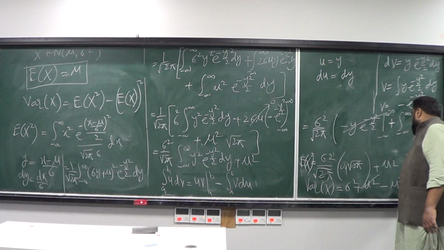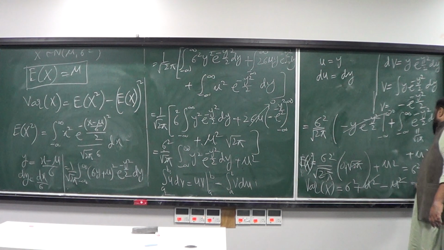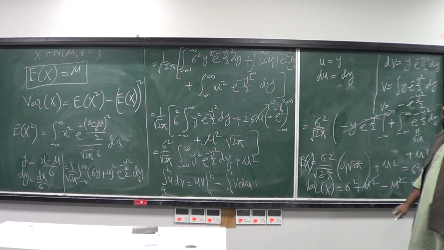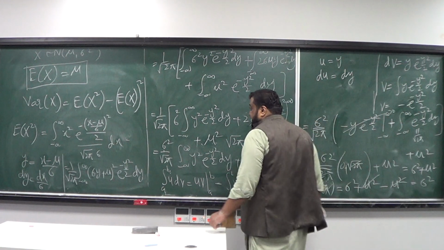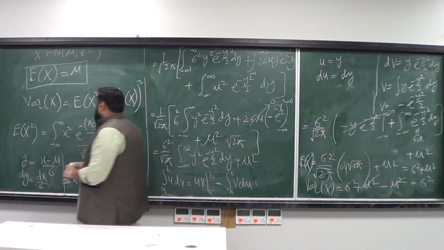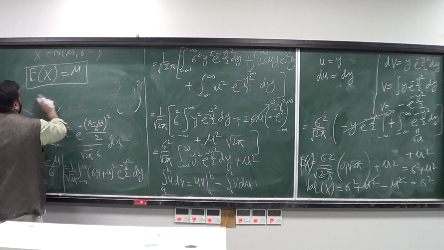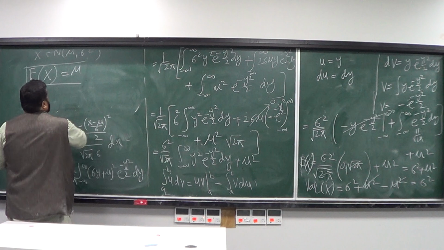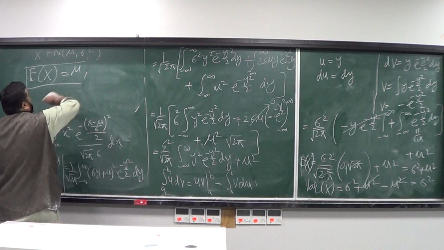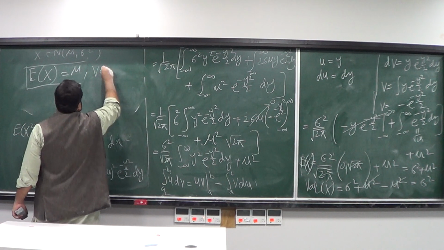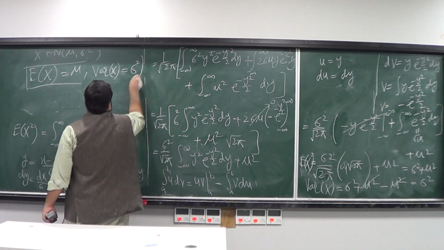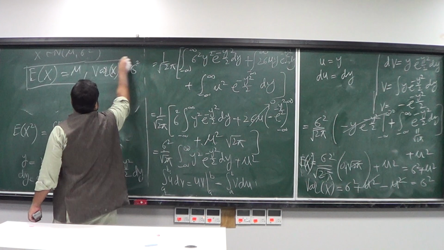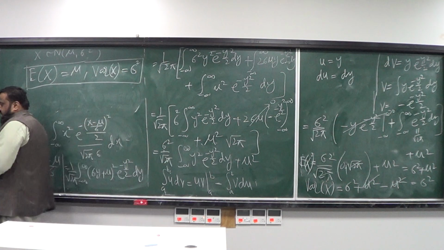So mu square and mu square cancel out, and you get the variance of x to be sigma square. So finally, if x is normally distributed, expectation of x is mu and the variance of x is sigma square. These are the two crucial properties.